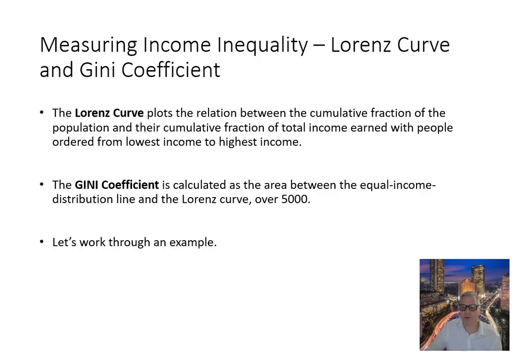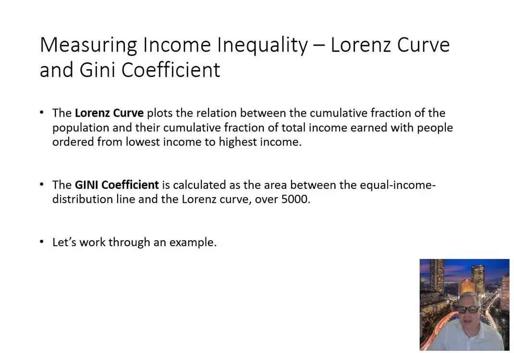Then we go to the 40% and ask how much income the 40% poorest get, then the 60%, and the 80% poorest. And of course we do it for 100%, but 100% of all the people get 100% of income. So the Lorenz curve goes from 0 to 100.